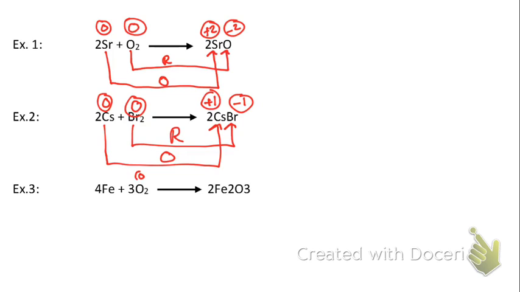Oxygen, 0, element. Iron, 0, it's an element. This should be a 2 and a 3 subscript. So oxygen should have a -2 oxidation number, and iron should have a +3 oxidation number. Okay, so if you remember, we'll look at that really quick. It should have a 0 overall.